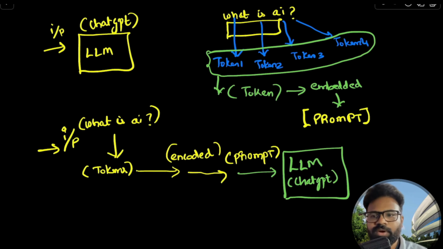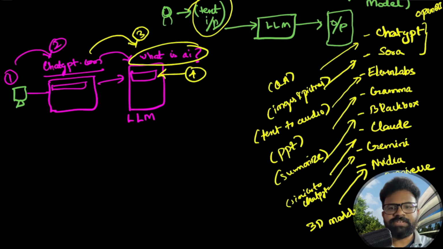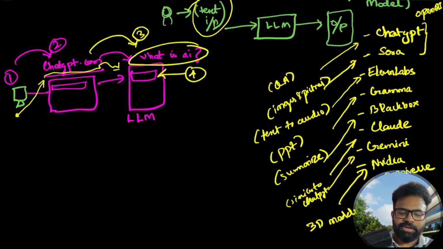Till now you understood, I believe. Just to summarize: from our machine, we went to the browser and typed chatgpt.com. The site was presented, and we went into the ChatGPT search box and typed "what is AI".